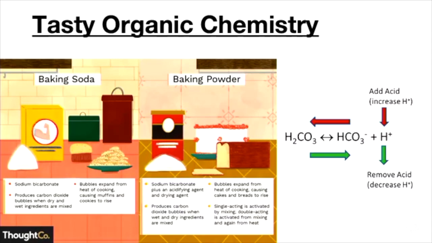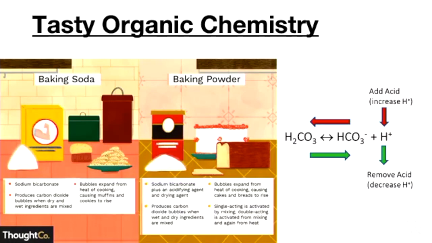With baking soda, it's sodium bicarbonate, and as soon as you mix your dry ingredients with the wet ingredients, you start the acid-base reaction, and it starts to make CO2, which, if you're making something like cookies or scones, you want immediately because you essentially mix the stuff together and you put it in the oven, right?